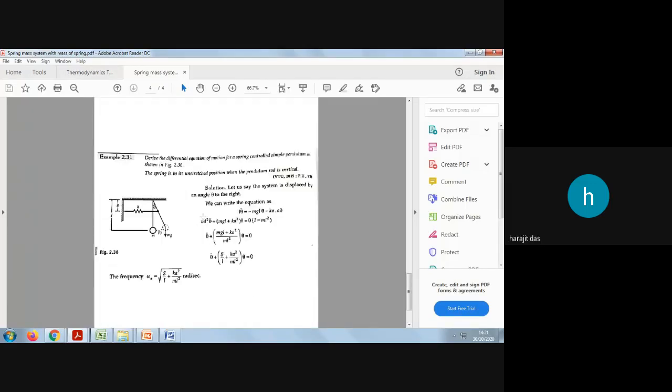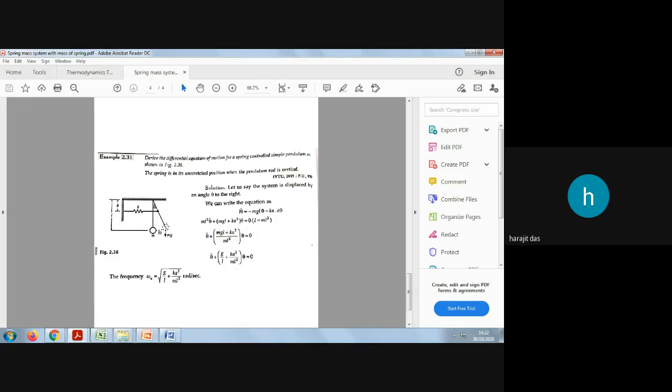Yes, now one problem is there. Derive the differential equation of motion for a spring controlled simple pendulum. So these are the two fixed ends. From one fixed end, the pendulum is hanging. This is a vertical pendulum, and from here one spring is attached.